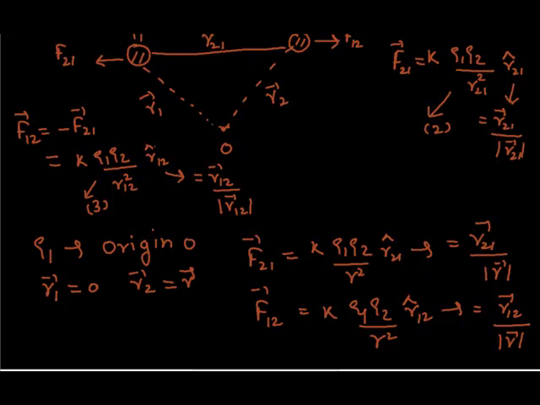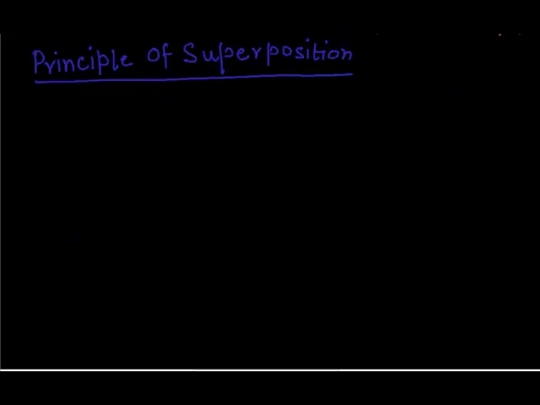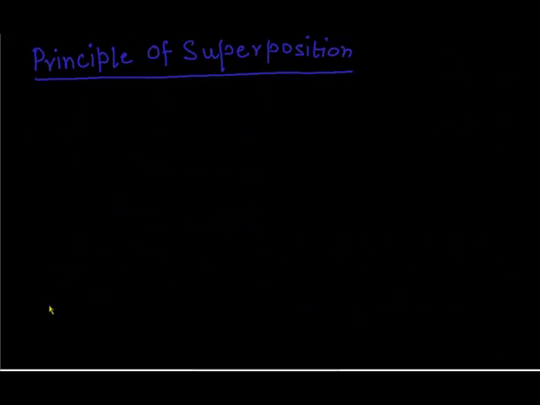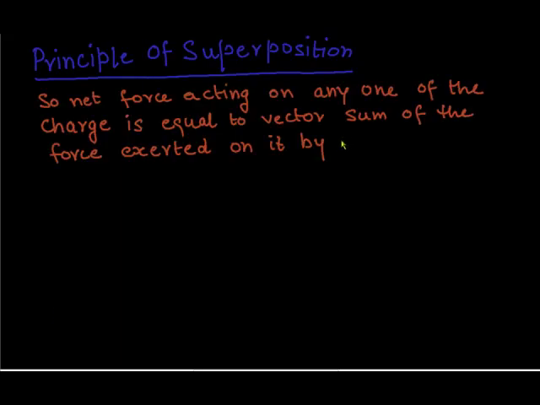Now Coulomb's law, as given in equations 2 and 3, gives the force between two charges in vacuum. But the situation becomes different if these charges are placed in a material medium. When more than two charges are present in a system, Coulomb's law holds for each and every pair of charges.